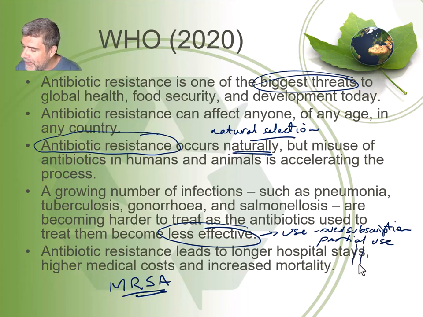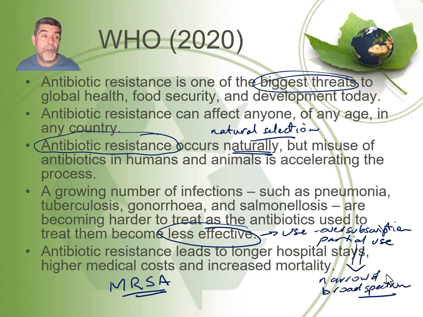And of course, one other thing is the difference between what we call narrow and broad spectrum. In the previous slide, we looked at the difference between gram-positive and gram-negative bacteria very, very generally, and you can look at that in a bit more detail in class. But one of the things about our broad spectrum antibiotics is they are often prescribed when we're not entirely sure of what the cause of a particular infection might be, and they act in a very broad way.